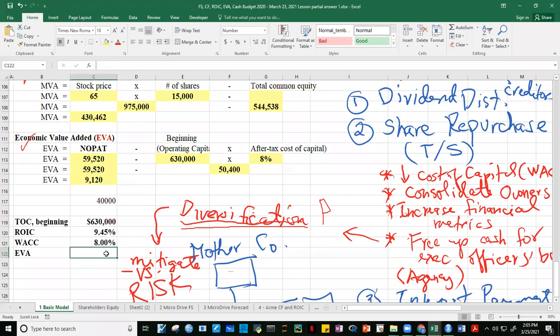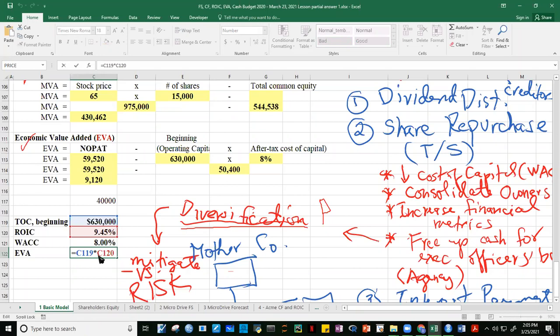So we take the capital given to us and multiply it by the return on that capital; that gives us our NOPAT.